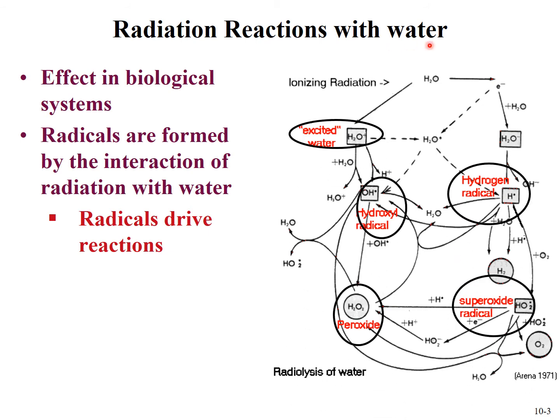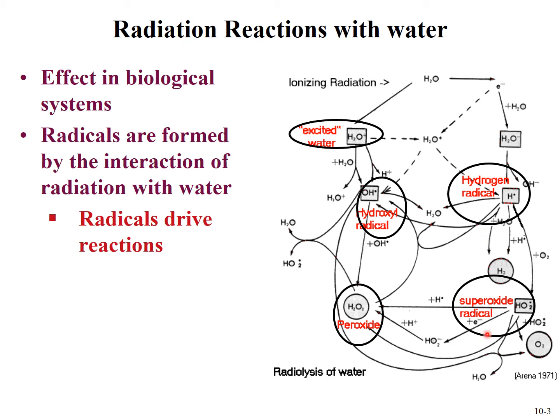So for instance, this water can form excited water, which can then react. It can form radicals, such as a hydroxyl radical, a hydrogen radical, a superoxide radical. These may be relatively short-lived, but when they hit other molecules, they can in turn react those molecules. And some of these molecules that can then be formed could be something like peroxides.